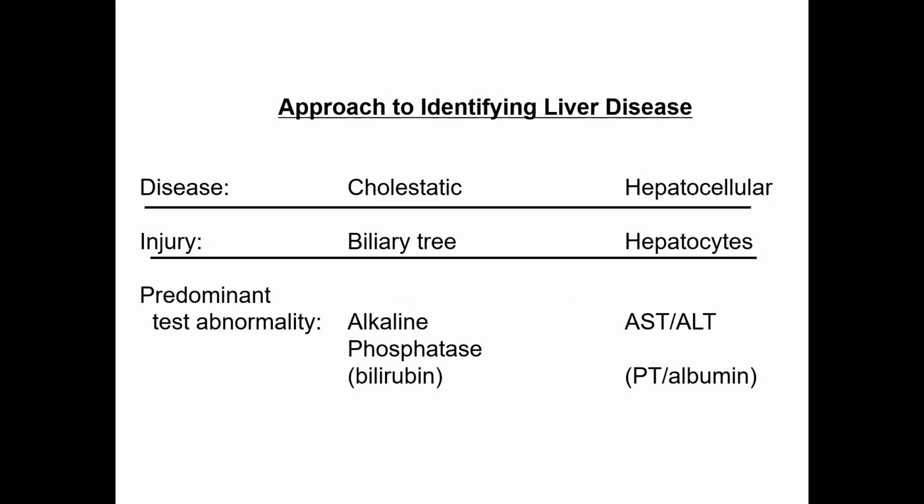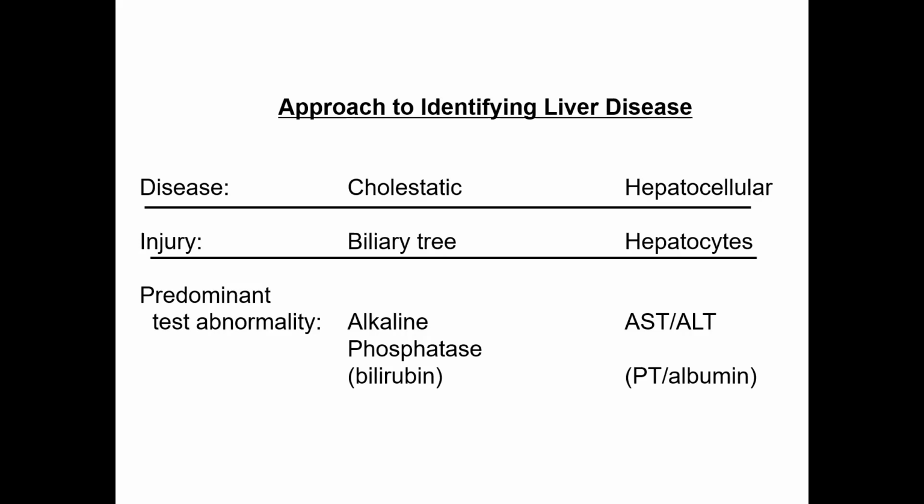So when you are faced with a patient that may have liver disease, you can either categorize that as a cholestatic disease or a hepatocellular disease. If you have cholestatic disease, you're looking at possible injury or trauma to the biliary tree, while if it is a hepatocellular disease, it affects your liver cells, specifically your hepatocytes.